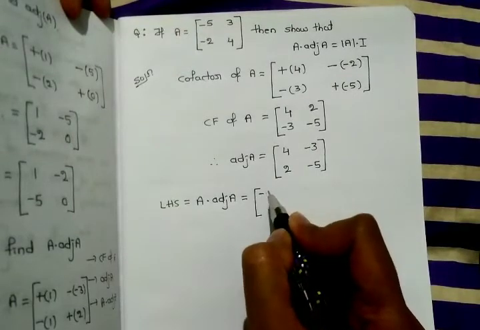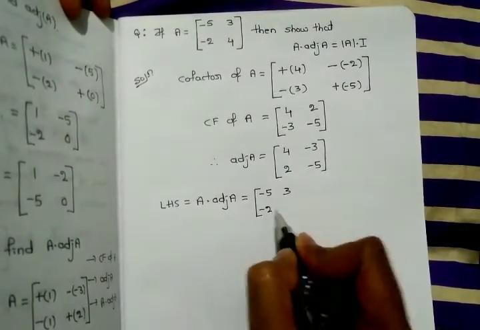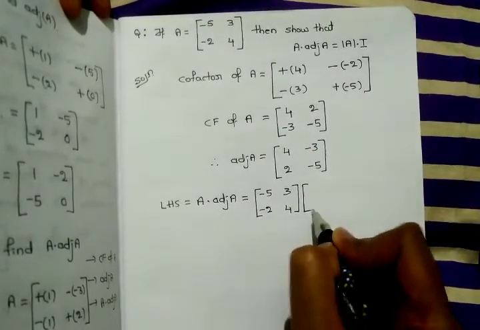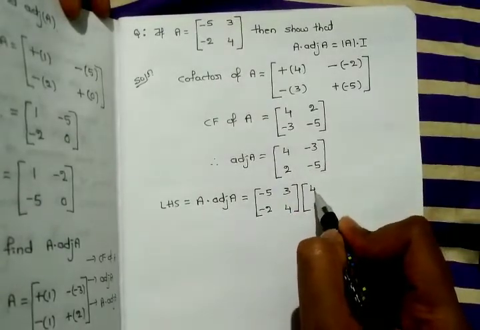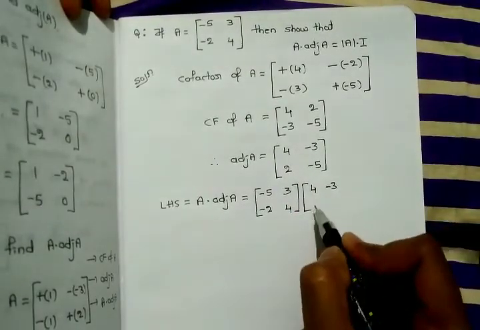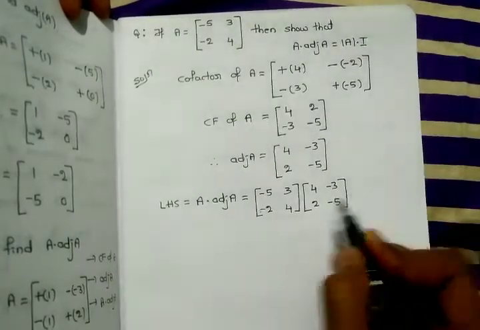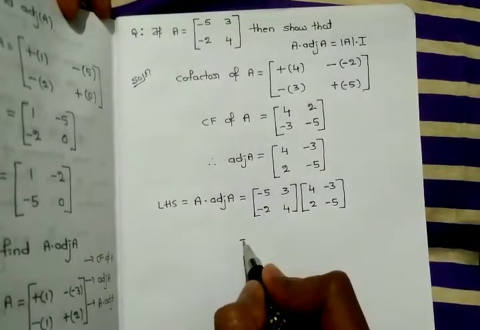So -5, 3, -2, 4 into the adjoint of A. What is the adjoint of A value? 4, -3, 2, -5. So next, in between the two, a multiplication sign is there, so apply the multiplication rule.